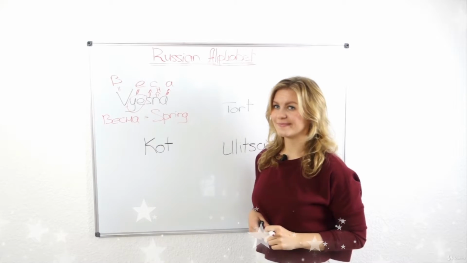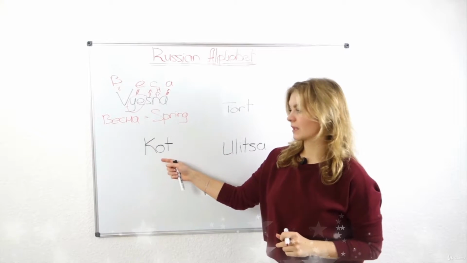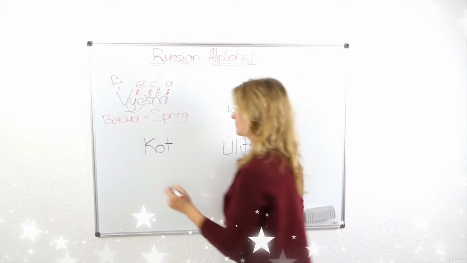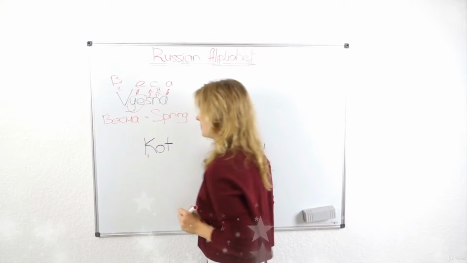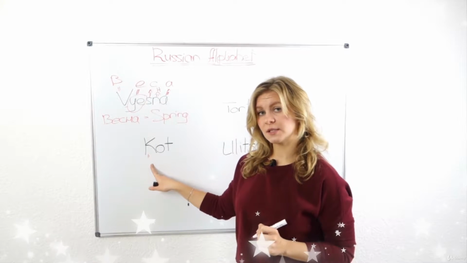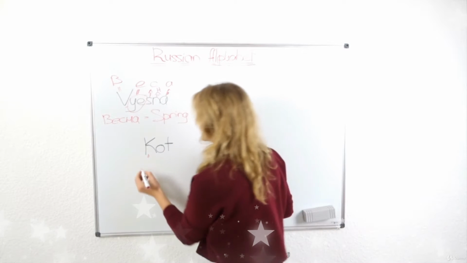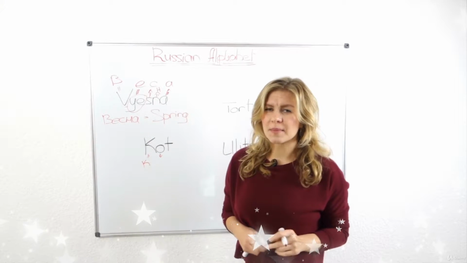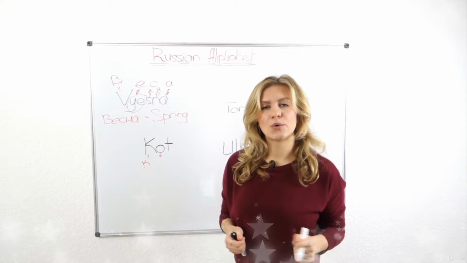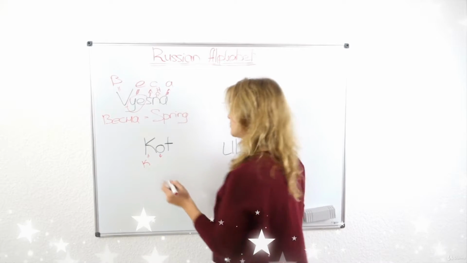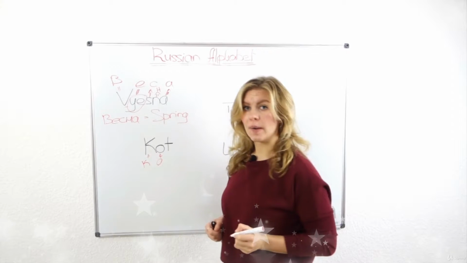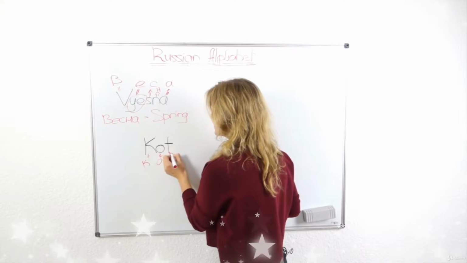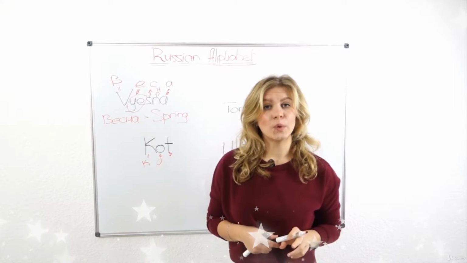Let's continue. The next one. Kot. K in Russian means exactly the same. Ka. O. Do you remember this example like more or the word or? Yeah, in Russian it's just simply O. And this was an example for the name Tony.